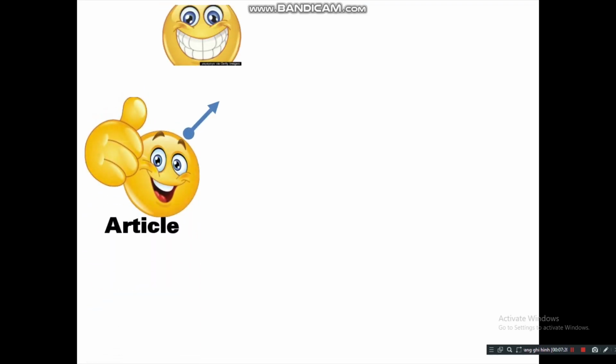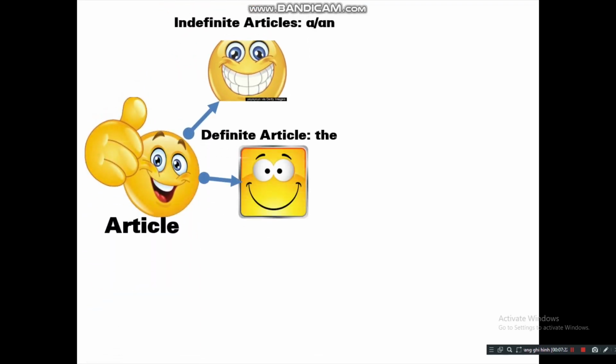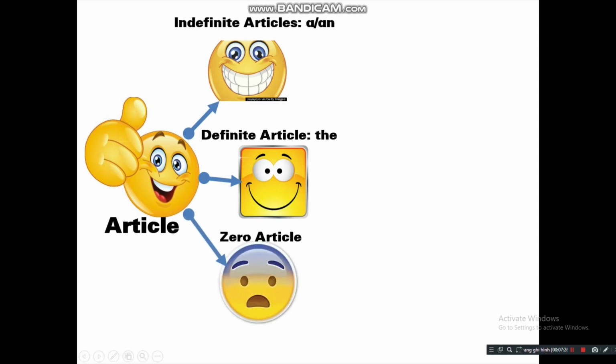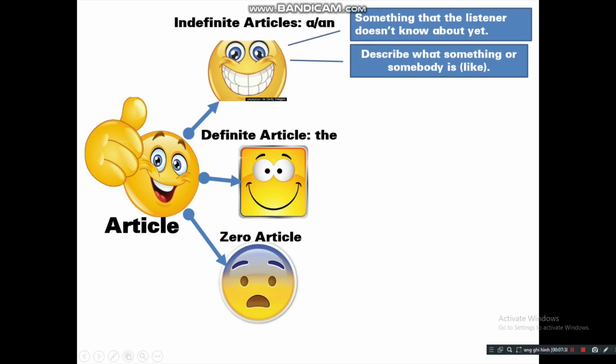So let's go over to article, and there are basically 3 types of article. The first one is the indefinite article, or a or an. And then we have definite article, the. And lastly we have zero article. Indefinite articles are something that the listener doesn't know about yet, or it describes what something or somebody is like.